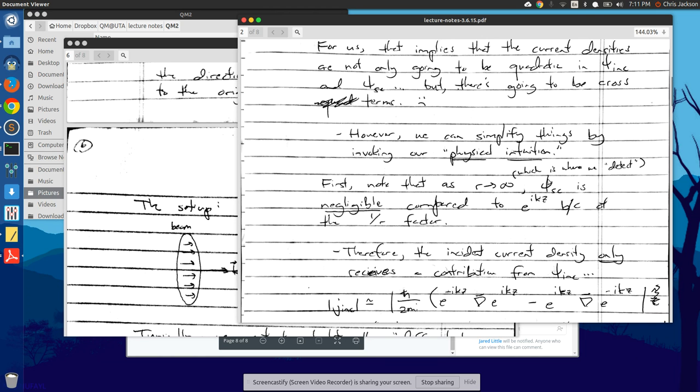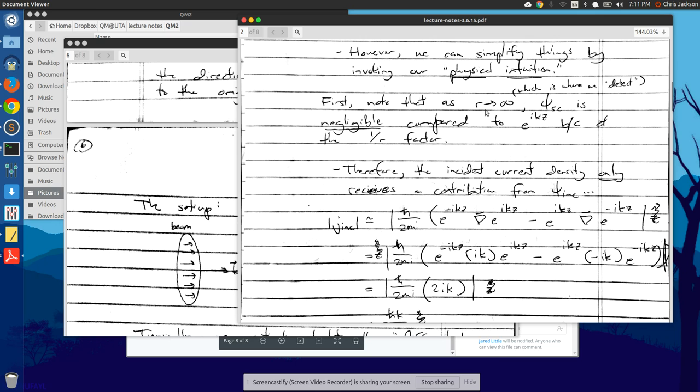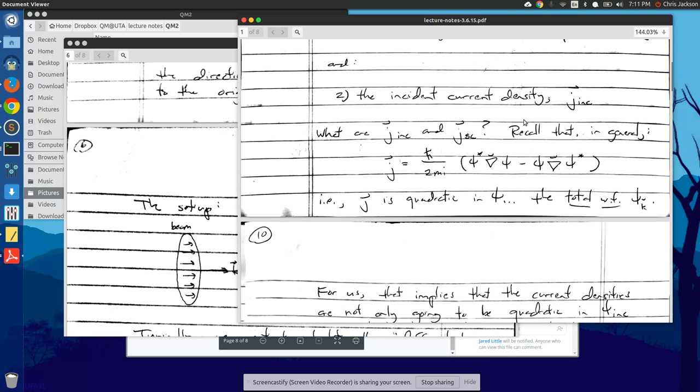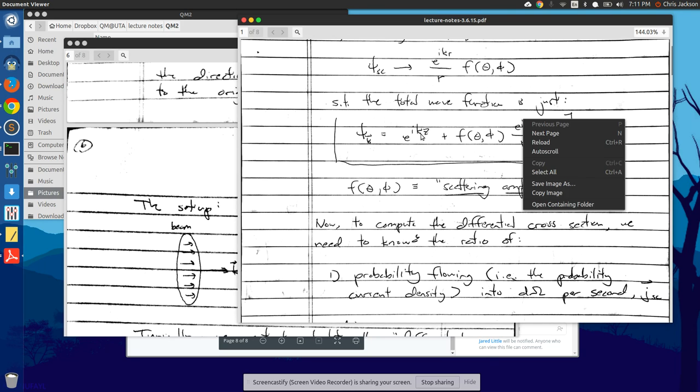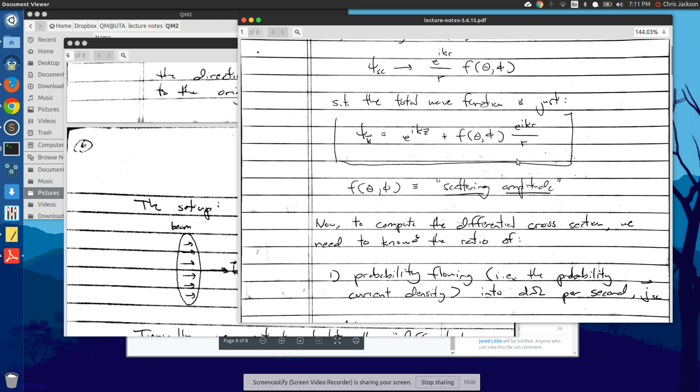So we're going to take this limit as r goes back to infinity, or however you want to say it. When that happens, the plane wave piece is going to dominate the total wave function, because as r goes back to infinity, the scattered piece is going to die off.